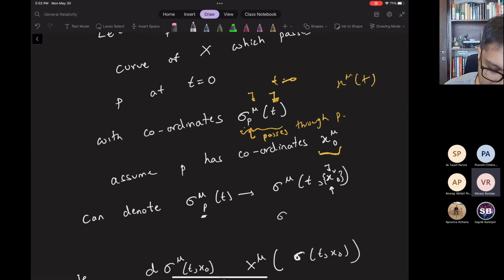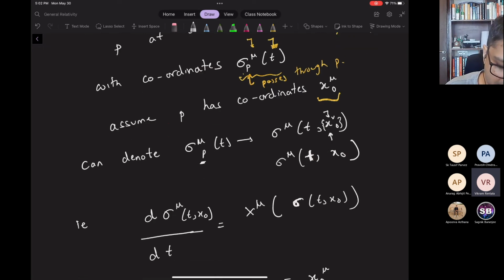That's why in shorthand I write it as sigma^mu(t, x0). This is the curve which passes through x0. We are now at the point t along this curve, which need not be x0. Only if t is equal to 0 am I at x0.